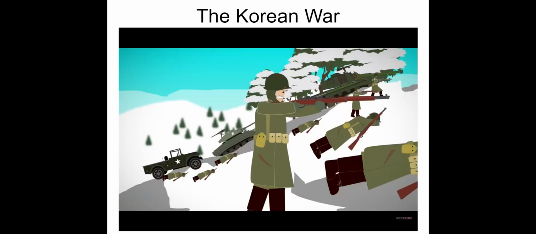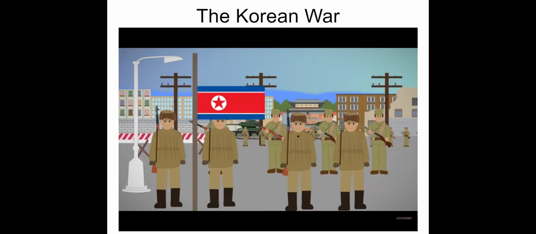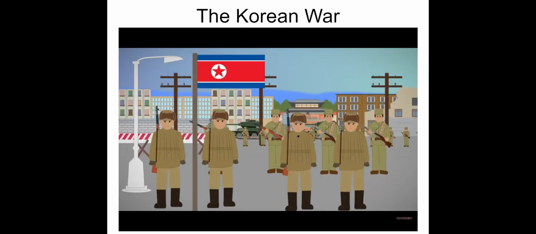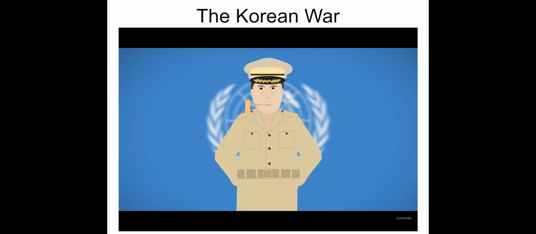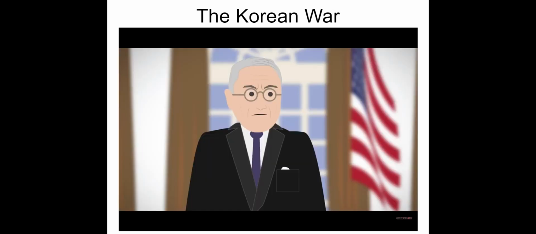The UN troops, overwhelmed by this new force, were pushed out of North Korea with heavy losses. By January 1951, Chinese and North Korean troops had captured Seoul. General MacArthur wanted to use the atom bomb on China and was dismissed for insubordination by President Truman, who went back to a policy of containment.